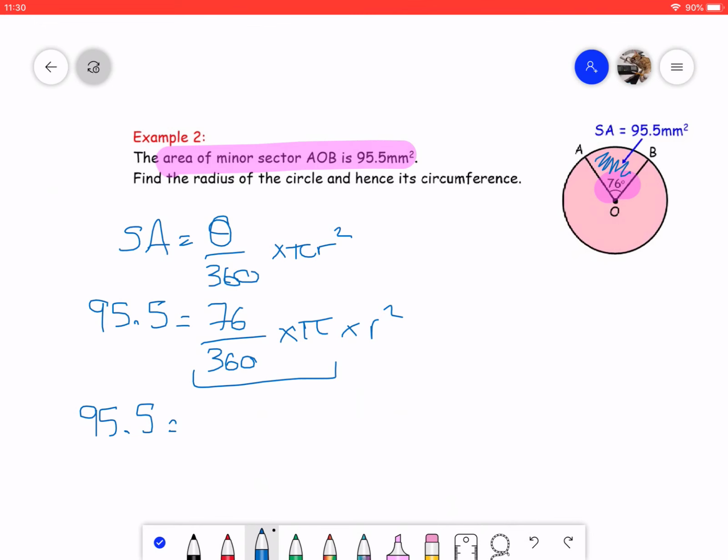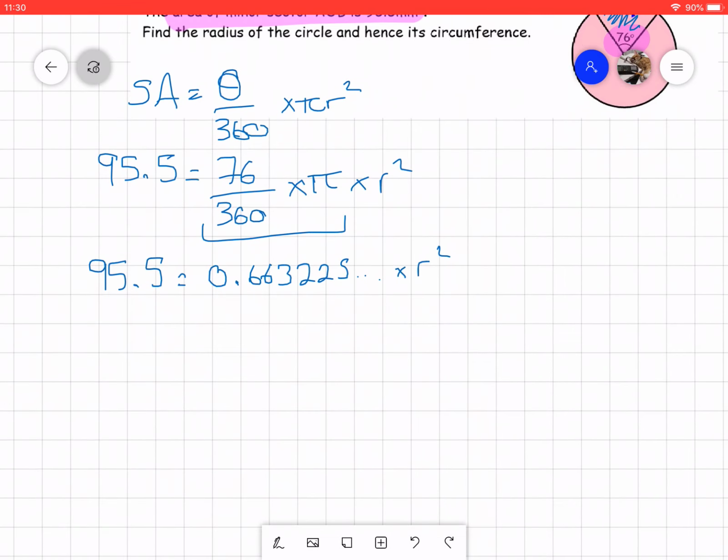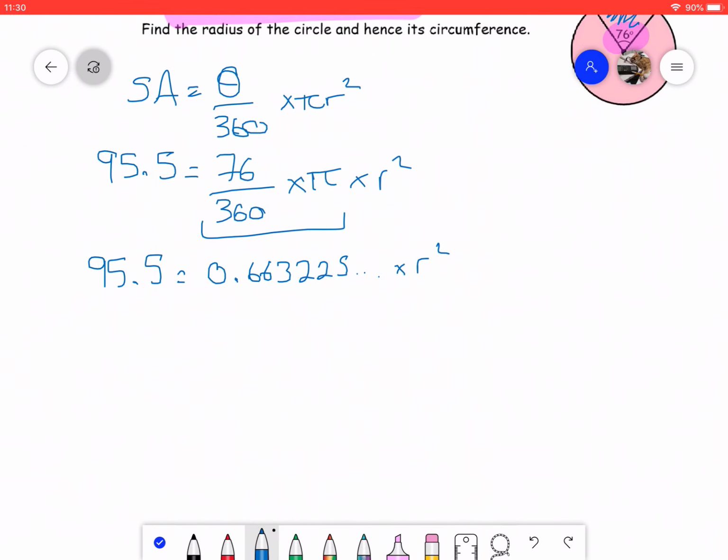It's 0.66325, which also keeps going on, but we're not going to round it just yet. Again, same as last time, we've got a number times r squared. To remove the number, we're going to divide both sides of the equal sign by that number.